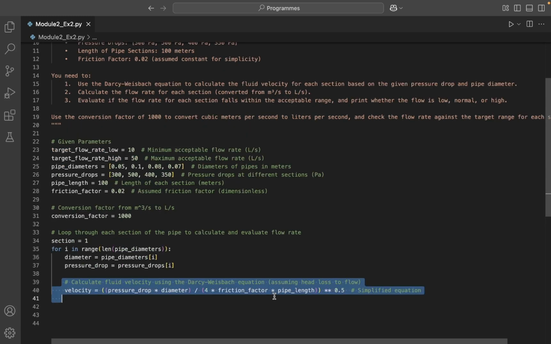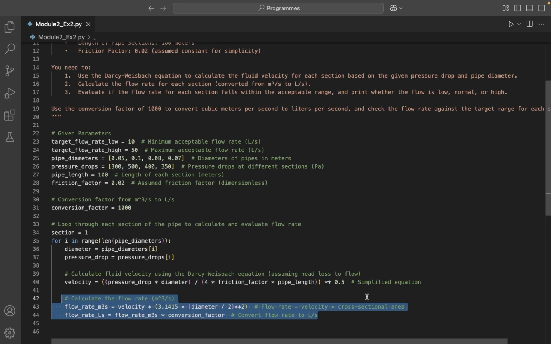Next we need to calculate the fluid velocity, and the equation for the same is 4FLV squared divided by 2gD. Based on that, we need to make V the subject and keep all remaining variables on the right hand side. So the velocity equals the equation reframed as pressure drop times diameter divided by 4 times f times pipe length, and the whole raised to 1 by 2, that is 0.5.